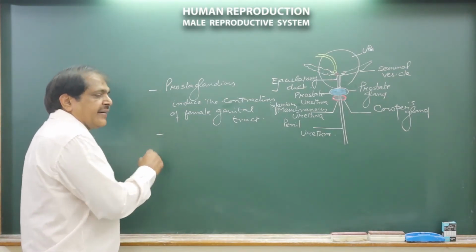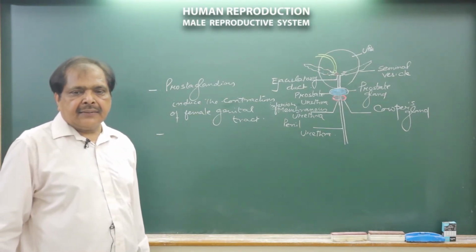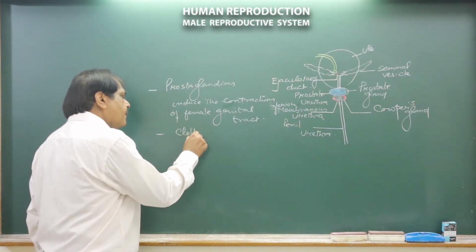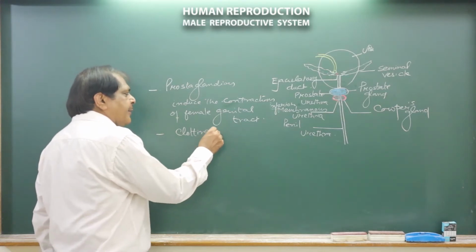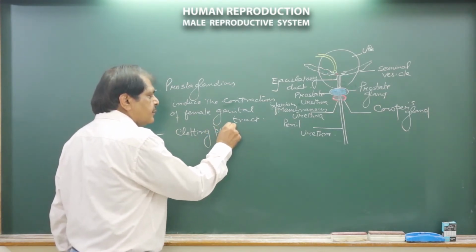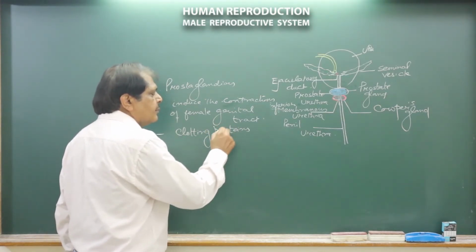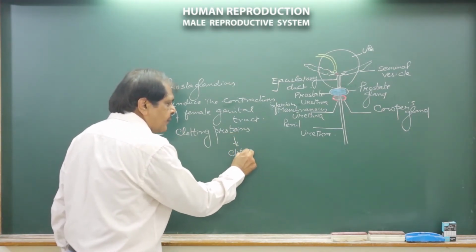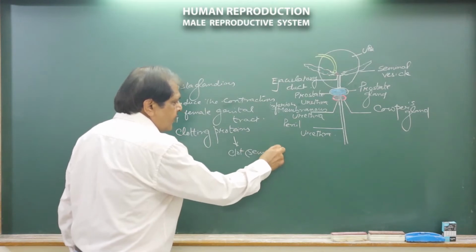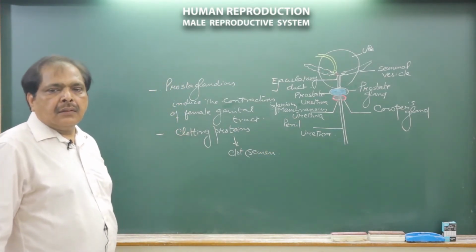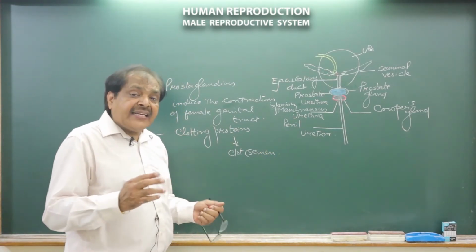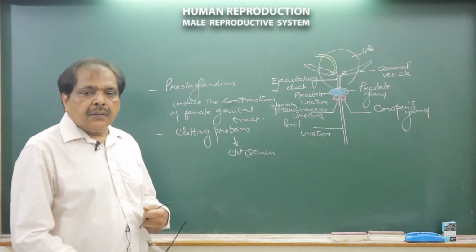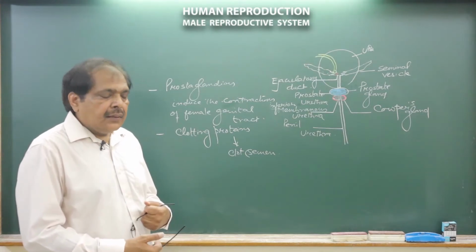Number third, we rotate the clotting factors. These clotting factors, clotting proteins, clot the semen. Why is there clotting of the semen in the males?